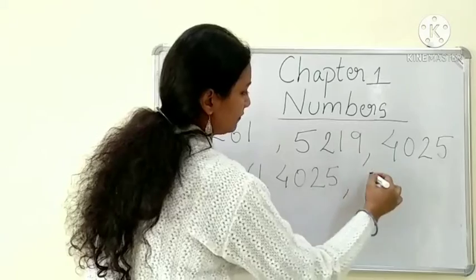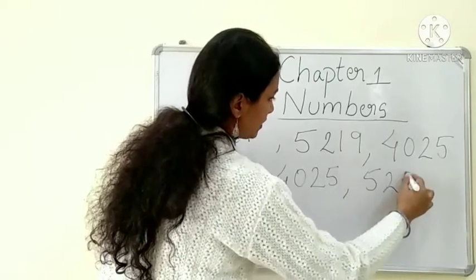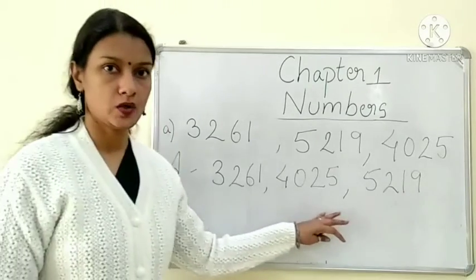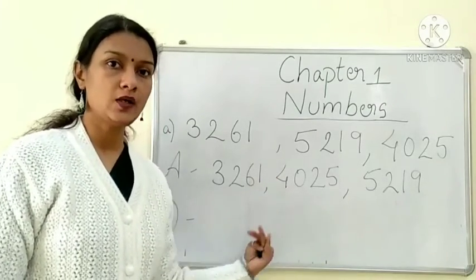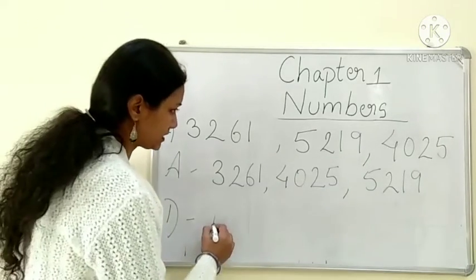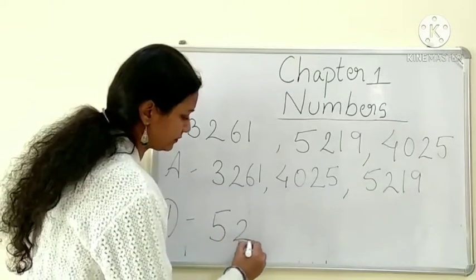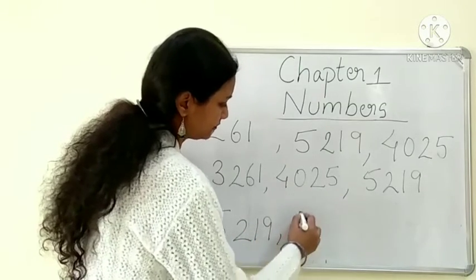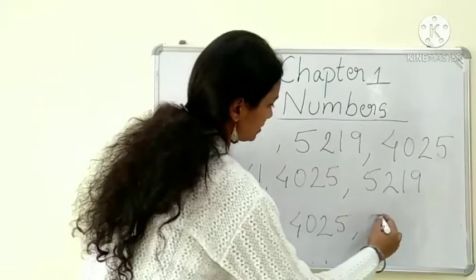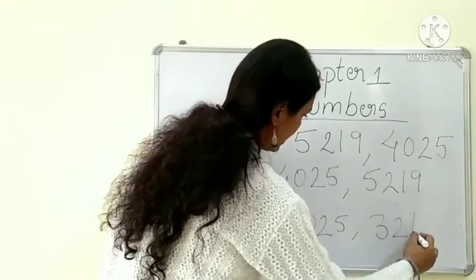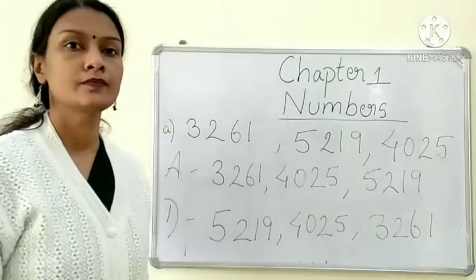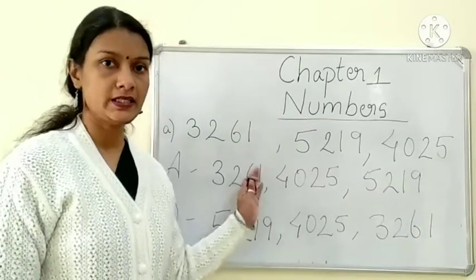And the last number will be 5219. So this is the ascending order. Similarly, in descending order, if I want to arrange, what will we do? We'll write the biggest number first, that is 5219, then 4025, and the last is 3261. Clear? How to arrange ascending and descending order?